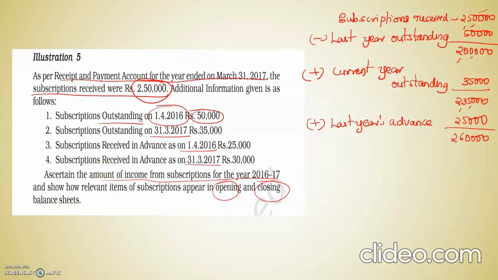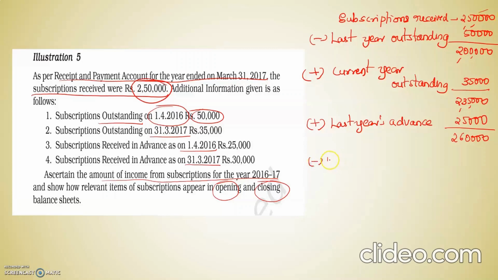Next, last adjustment. Subscription received in advance on 31st March 2017 means current year closing date advance. Current year closing date advance means it does not belong to current year. It belongs to next year. So next year subscription we received in current year. So it does not belong to current year. It is included in this 2,50,000.